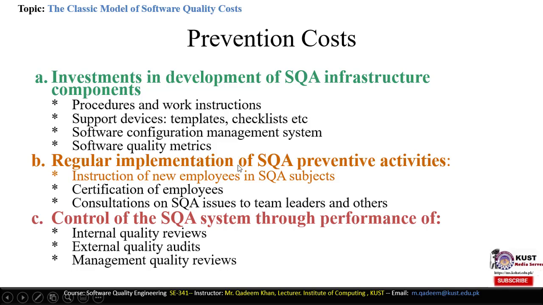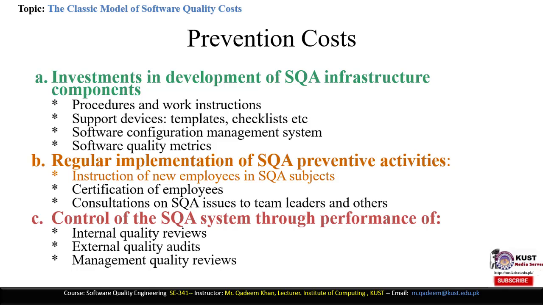The second is regular implementation of software quality assurance prevention activities. These are the different costs for implementing the prevention activities in software quality assurance.